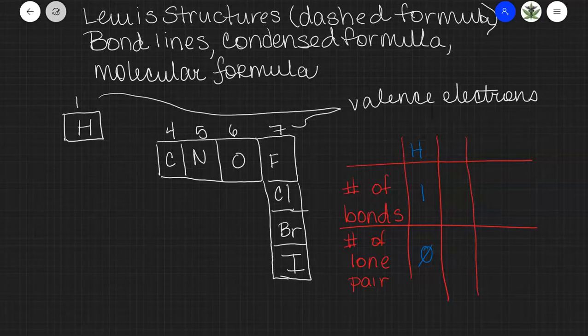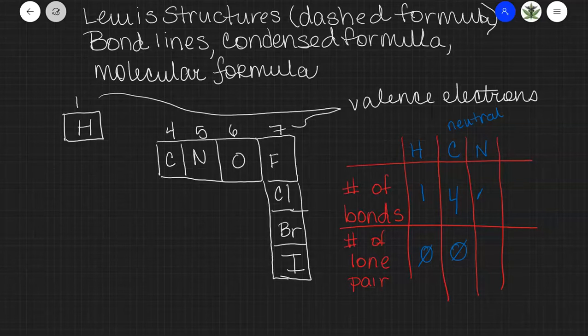If we take a look at carbon, carbon we said was tetravalent, so it will form 4 bonds, and for a neutral atom, so again, we're talking about a neutral carbon, it will have 0 lone pairs. We can talk about nitrogen.